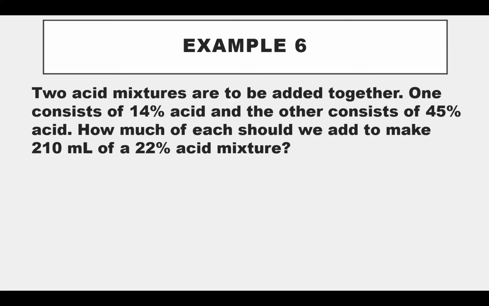We want to add these two together and make 210 milliliters of something that has 22% acid. It turns out this can be set up using two linear equations. I'll show you how that's done.